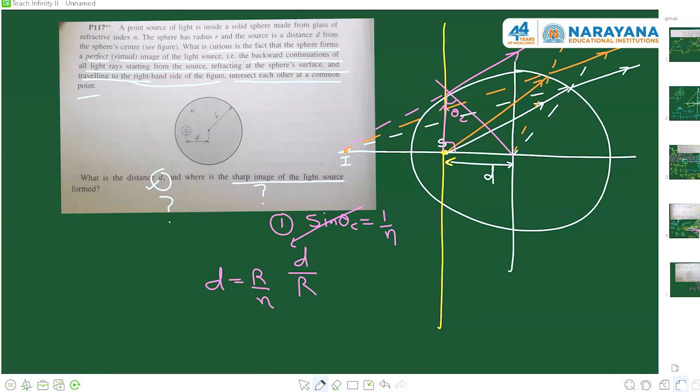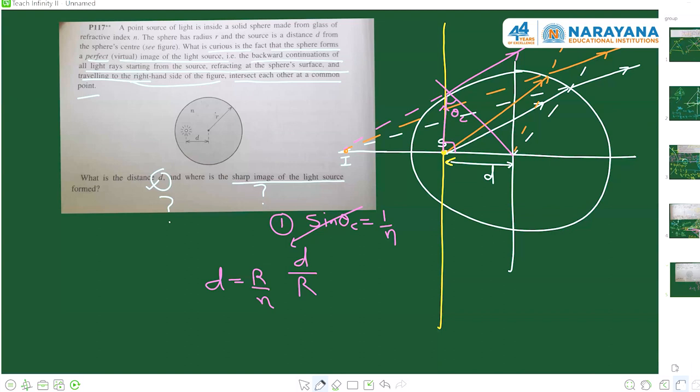Now, first of all, let me go back to the question again. So forget this equation. I'll come back to the same. First of all, let's understand that all these rays, can they form a single image? And what is the equation that I should write for them to form a single image?